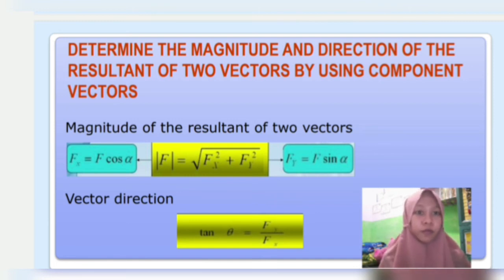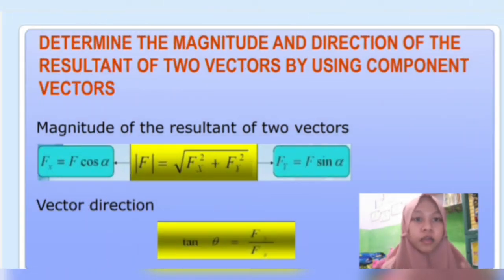So the formula for the magnitude of the resultant of two vectors is F equals square root of F sub x squared plus F sub y squared. While for vector direction, the formula: tan theta equals F sub y per F sub x.